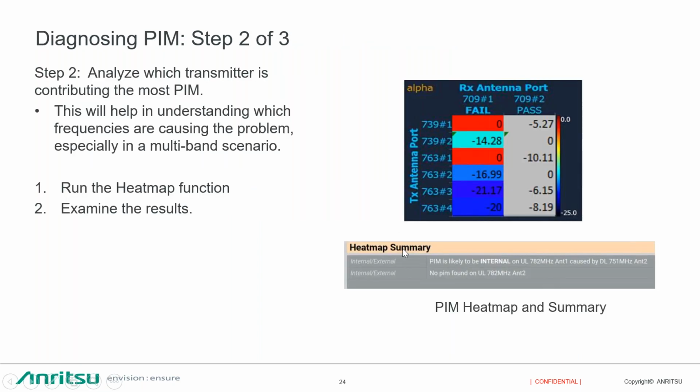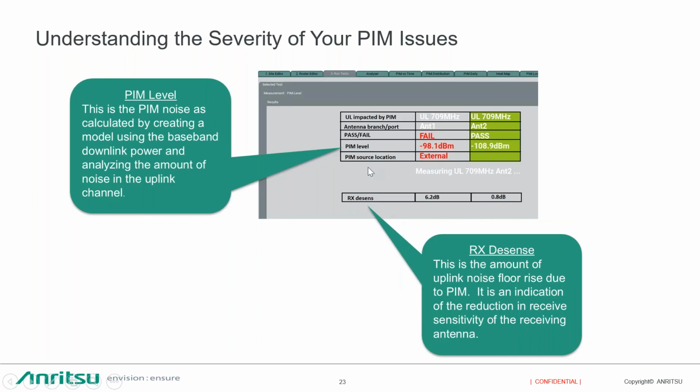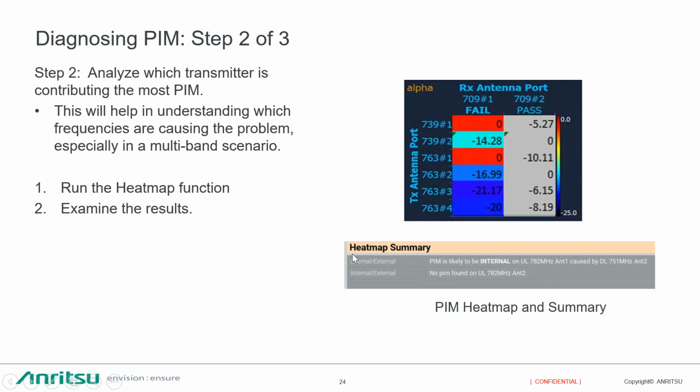So you run the PIM analysis, you get these initial questions answered, and then you can take it to step 2, which is analyzing which transmitter is contributing the most PIM. This will help you understand, obviously in that multiband scenario, do I have transmitters that are contributing more than others?